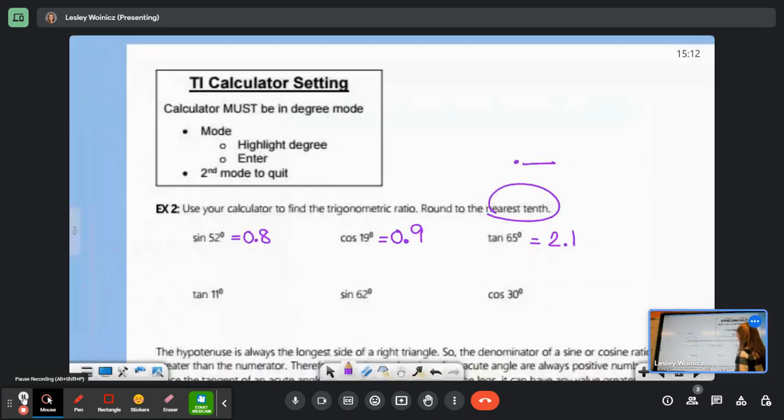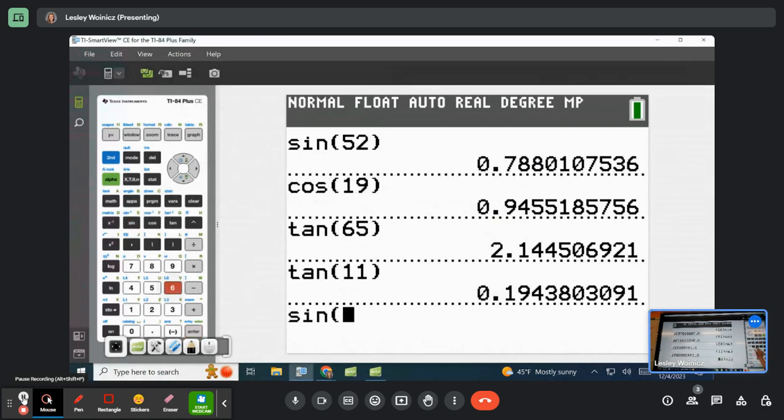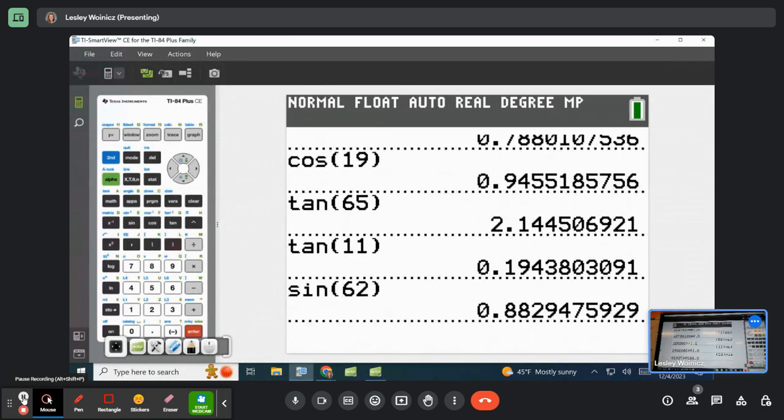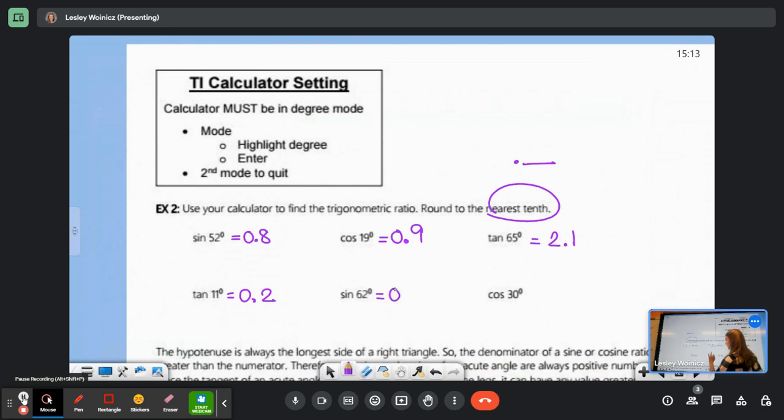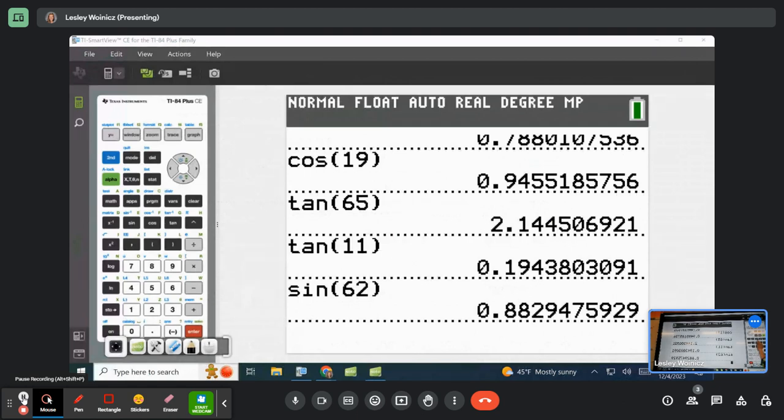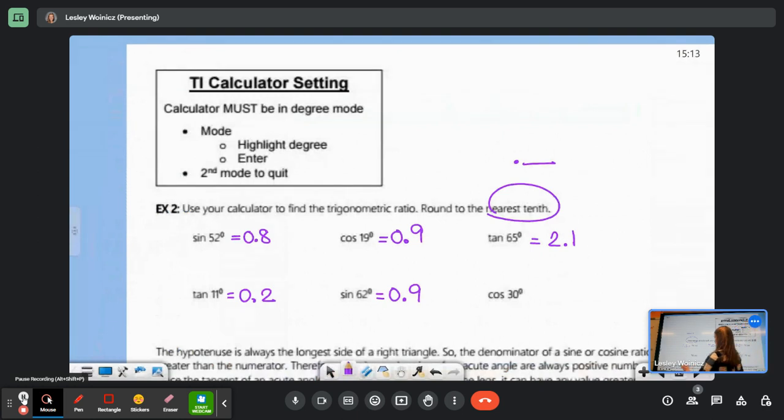Yep. Okay, sine of 62. 0.9. And cosine of 30. 0.9 also.